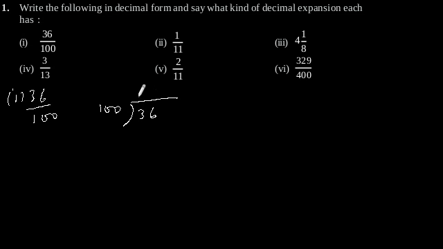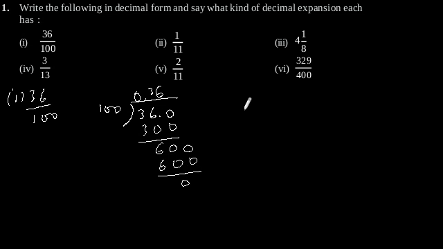Thirty-six. 100 into 3 is equal to 300. 60, 100 into 6 is equal to 600. So as we can see, we are getting remainder 0 and quotient as 0.36.